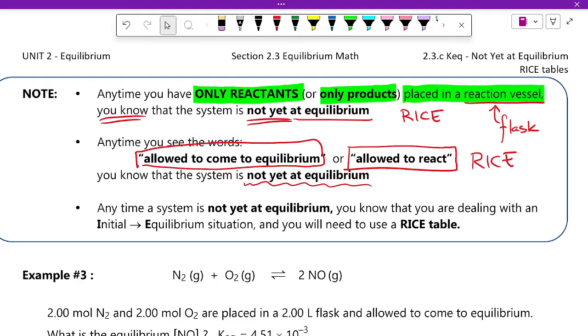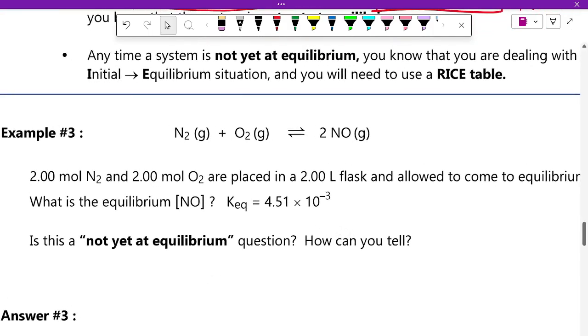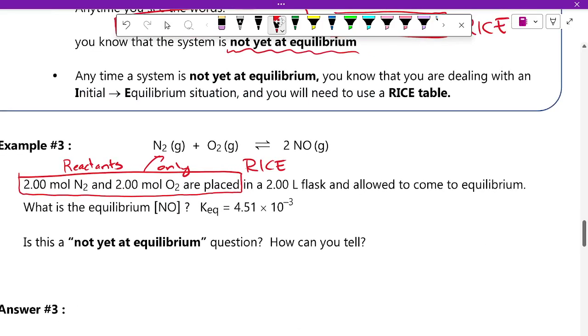Here we have a new kind of question. We've been finding KEQ up until now. Do you see how we have reactants only? Are placed, that tells us RICE. It also says allowed to come to equilibrium, RICE.